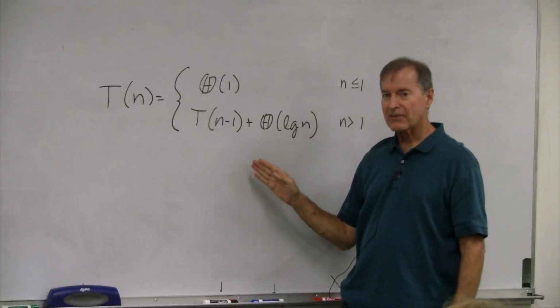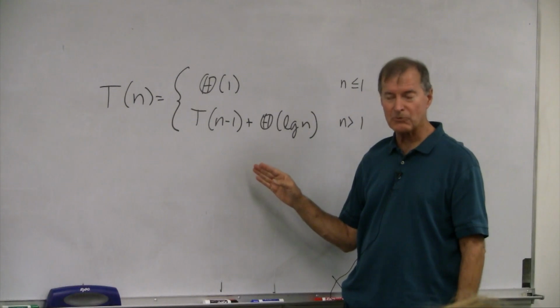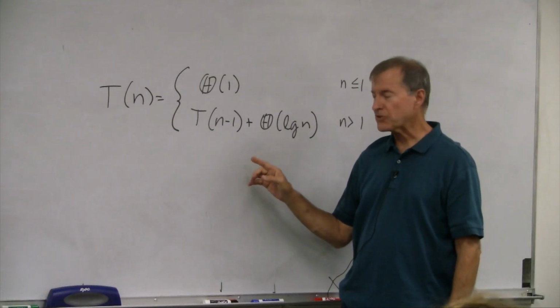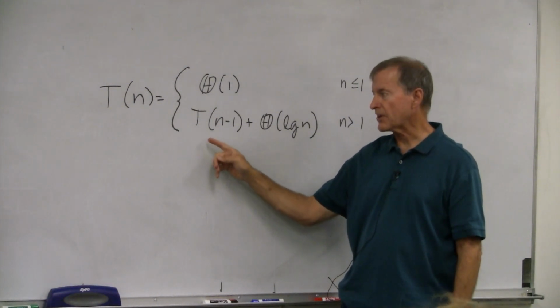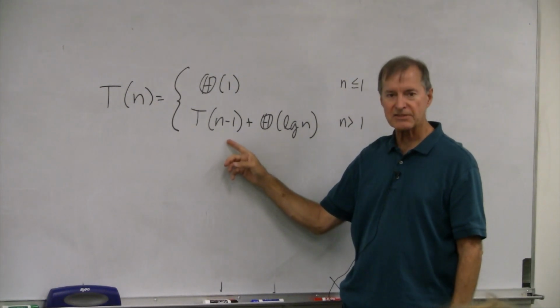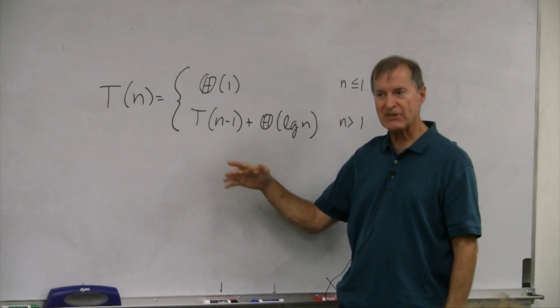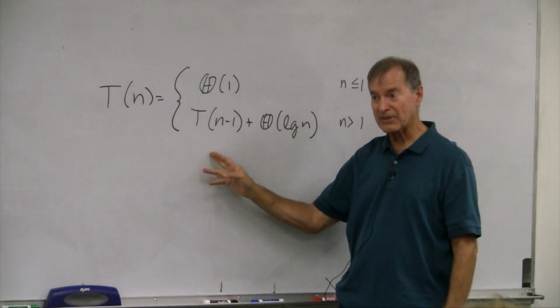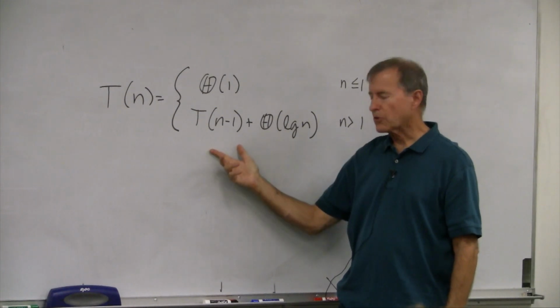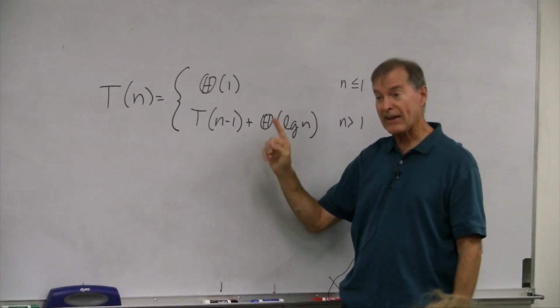First of all, the master method does not work. I don't know if you remember the master method. We didn't require it, but the master method only works for recurrences that have the form T of n divided by a constant. Are you with me? So the master method is automatically out for this. Divided by 1. So the master method is out, and here's the other problem.